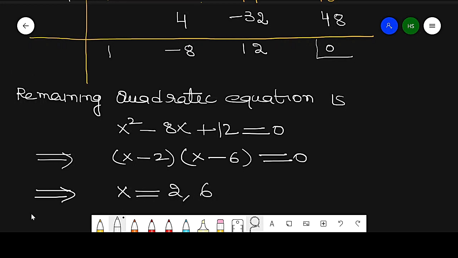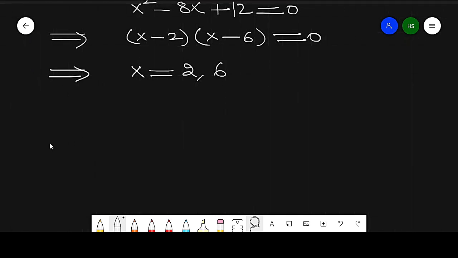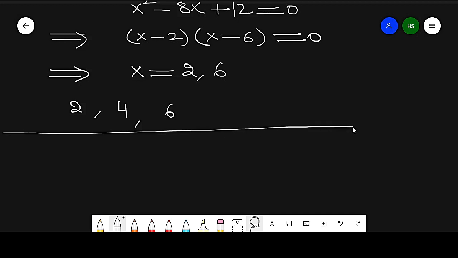So the total roots of the given equation are 2, 4 and 6. So a is 4, so 2, 4 and 6 are the roots of the given equation. In this way we can find the roots of any equation if its roots are in AP.